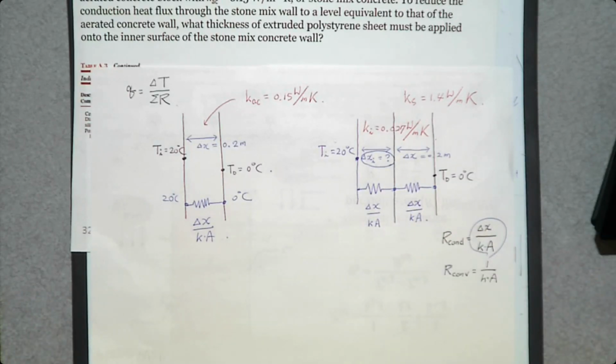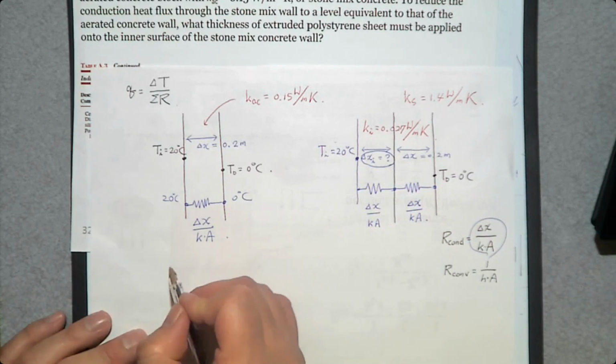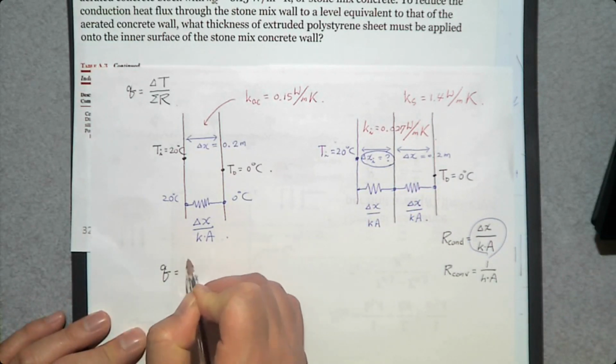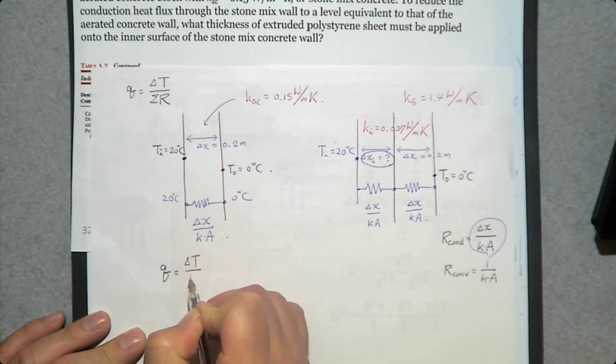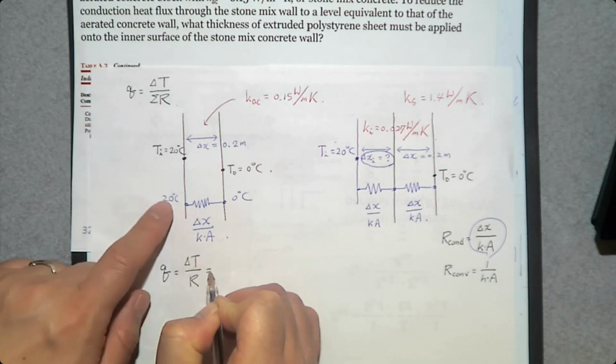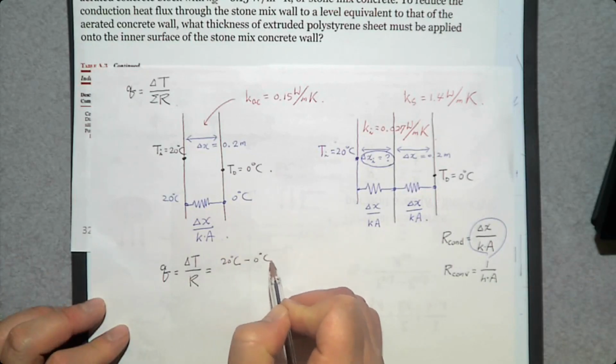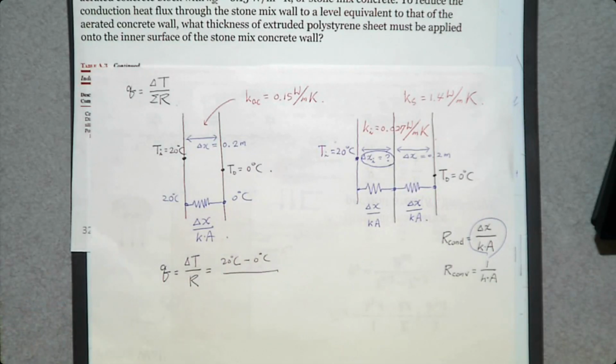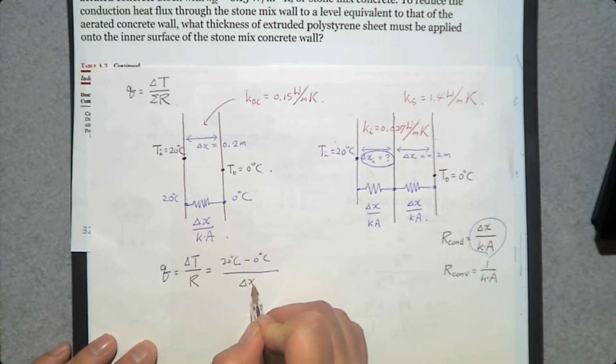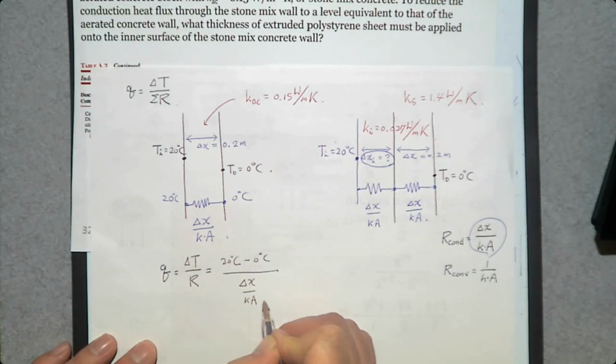So the rate of heat transfer in this original design is going to be Q is delta T over R. What is delta T? 20 and 0. 20 degrees Celsius minus 0 degrees Celsius divided by how many resistances? Just one. Delta X over KA.